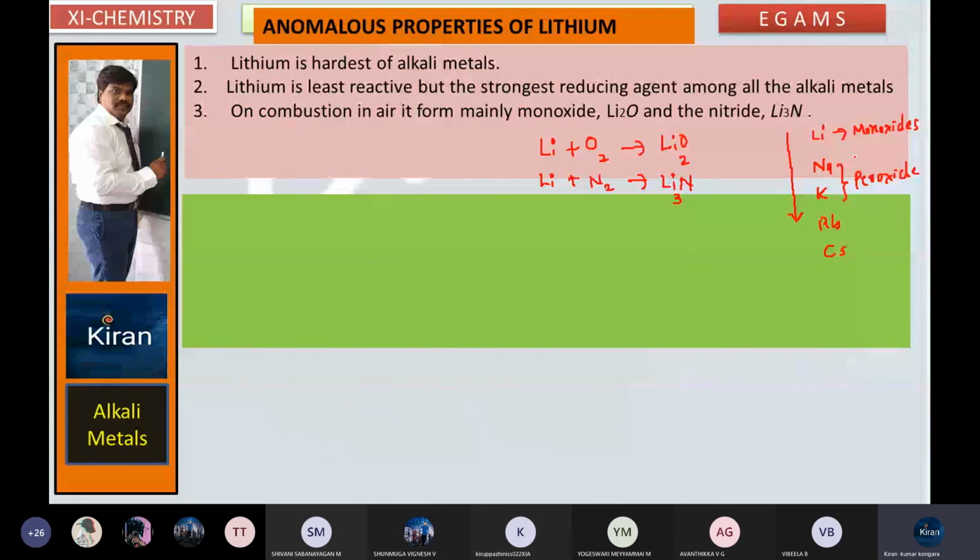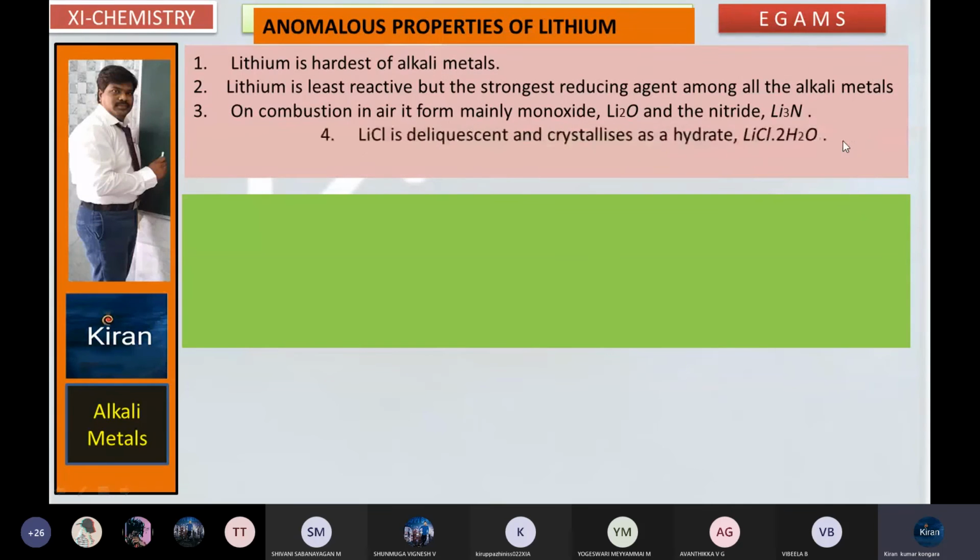And these remaining elements form monoxides, peroxides and superoxides. It means that from top to bottom, peroxide and superoxide forming nature will increase. That is a point I am going to explain to you. But the first element forms maximum monoxide only.